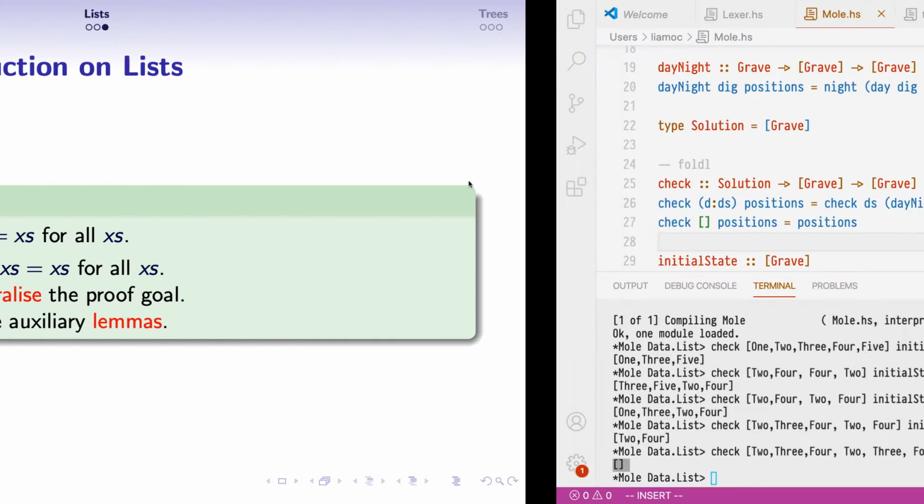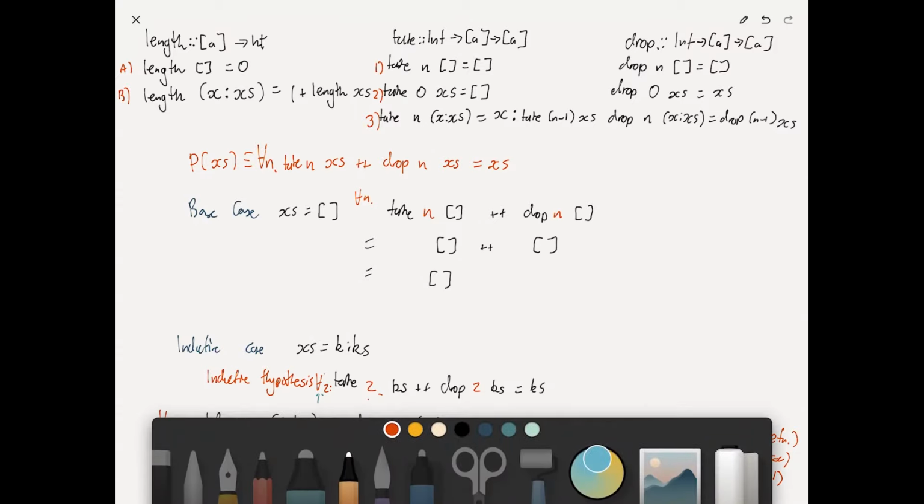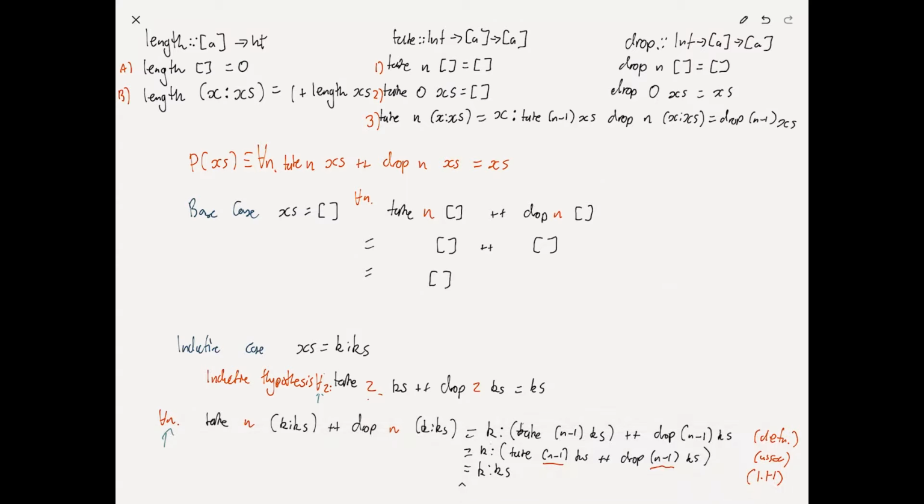In fact, to make the proof that I just did here completely formal, I should first prove that the associativity property that I just used here actually holds. And that associativity property, just to make it very clear, what I'm assuming here is this theorem: k followed by xs plus plus ys is equivalent to k followed by xs plus plus ys, right?